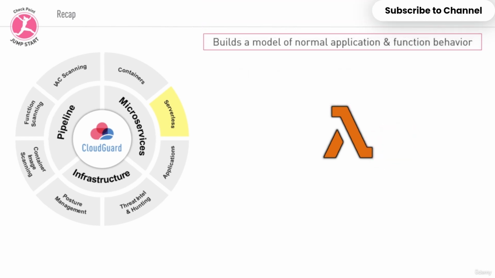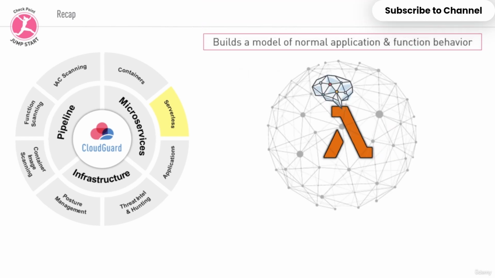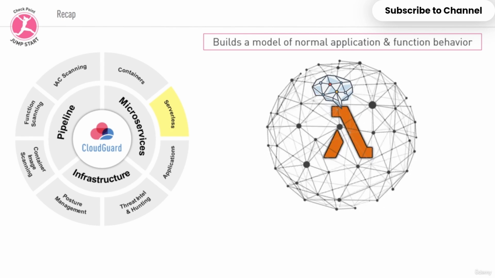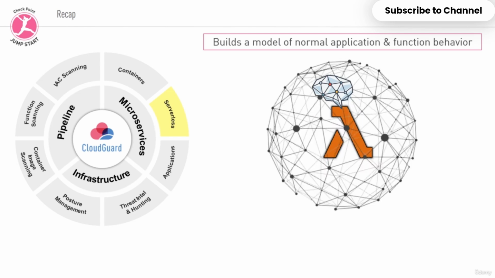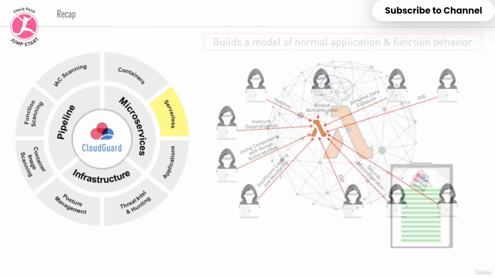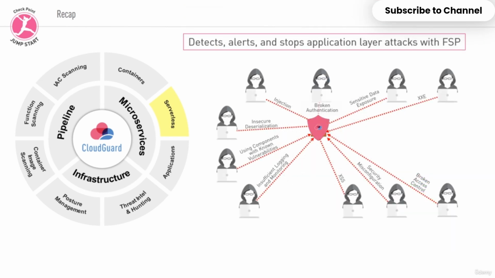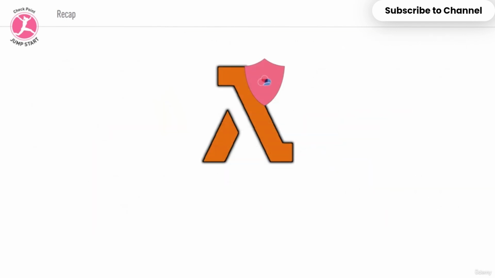It builds a model of normal application and function behavior by utilizing machine-based analysis and deep learning algorithms, including the automatic creation of an allow list of actions. It detects, alerts, and stops application layer attacks, such as the serverless OWASP top 10 and other anomalous activities, with CloudGuard's function self-protection, also known as FSP. In this session, we'll be discussing the deployment of the solution onto an AWS account.